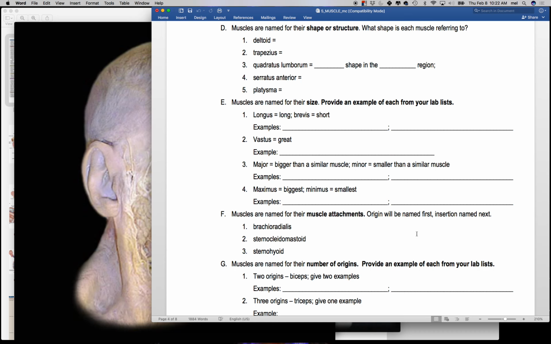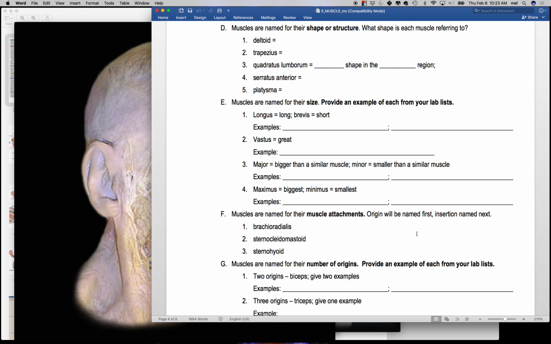Okay, so muscles are also named for their size or for the length of their tendons. If you run into a longus and a brevis with reference to one another, then they are telling you that one of them has a longer tendon than the other. So you tell me a longus and a brevis. Fibularis longus, yes, and fibularis brevis.